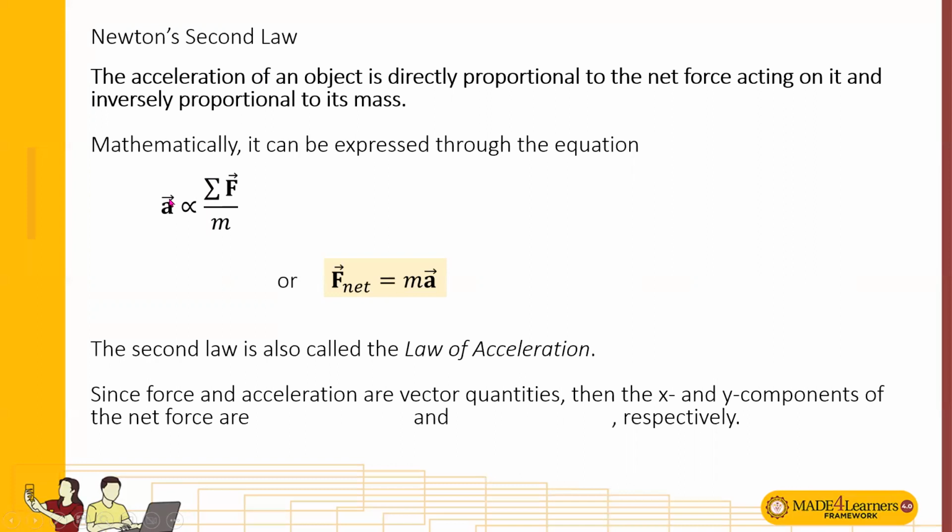Acceleration is also a vector quantity, but it is inversely proportional to mass. If we arrange the quantities into an equation, this is the final equation, and I think this is the more familiar one: net force is equal to the product of the mass and the acceleration of the object.